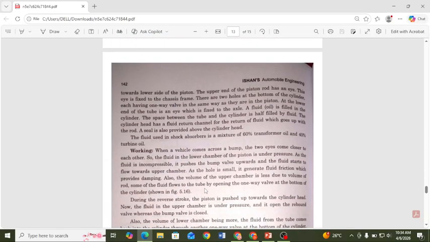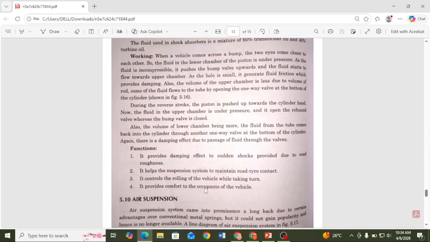This cushioning effect helps avoid jerks and gives comfort to the passenger and driver.